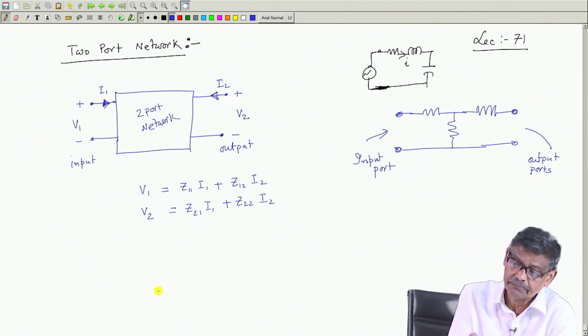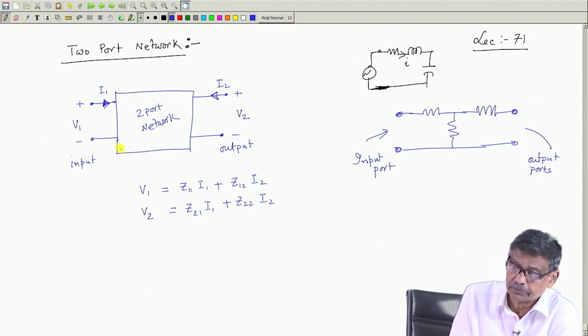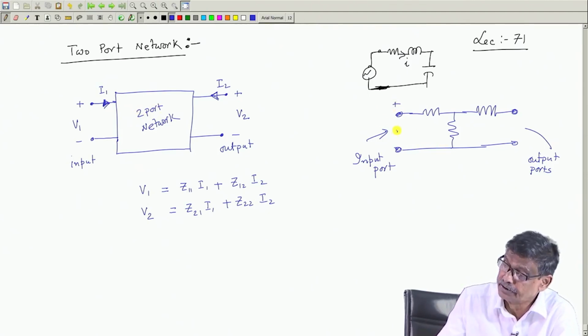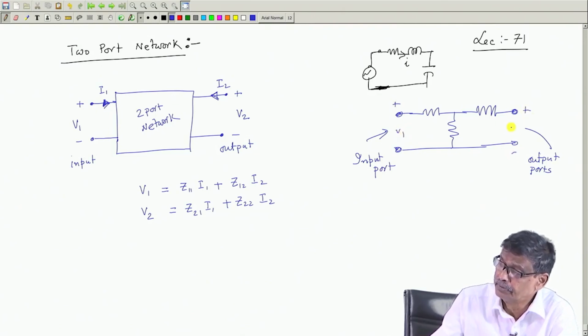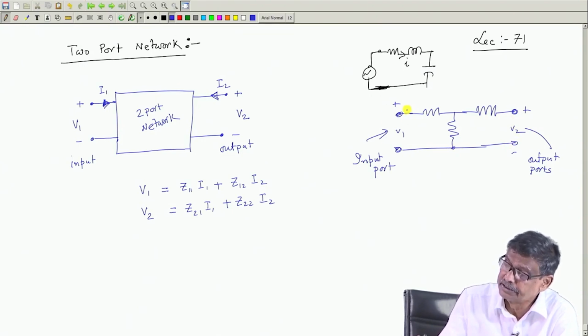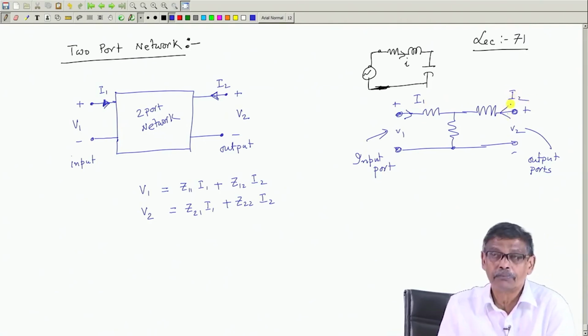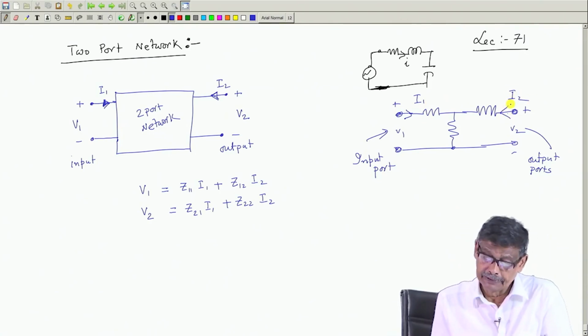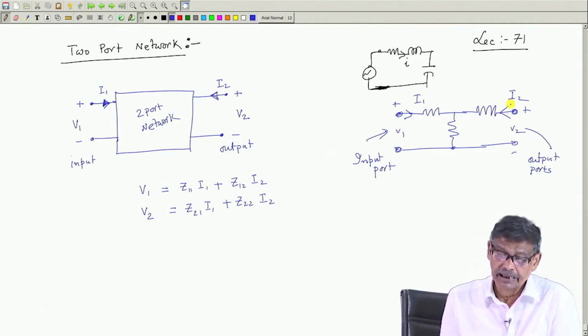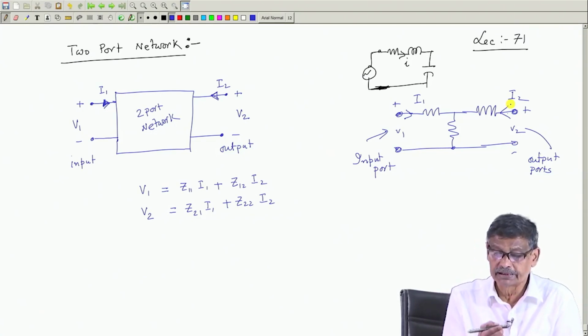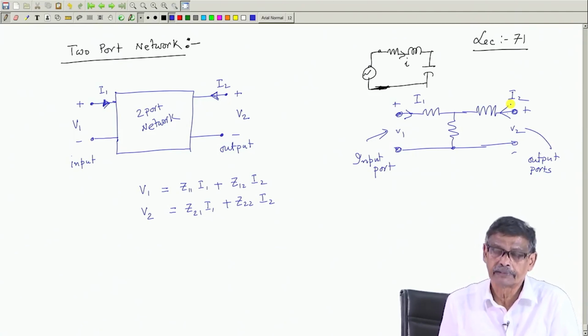As a matter of fact, for this two port network, the only thing I am told is that they consist of linear elements and have no source inside, and there is maybe a common point. This is V1 and this is V2. With respect to this point, these voltages are measured, and this is I1, and we also assume the current to be I2 in this way. And we try to relate the input voltage and current with output voltage and current.